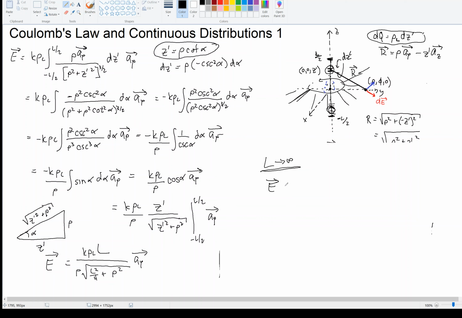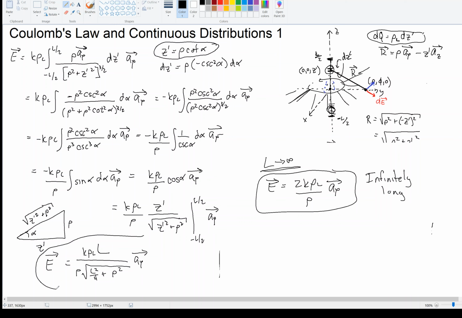And so for an infinitely long rod, I get k rho L over rho. And that's the result. And this is, again, infinitely long. And this was the result for finite length.